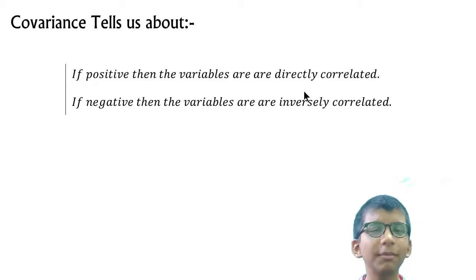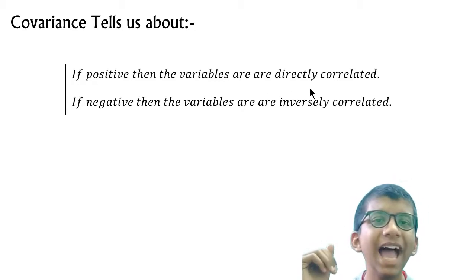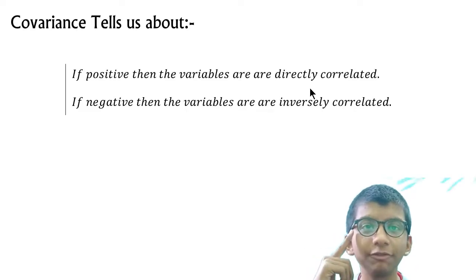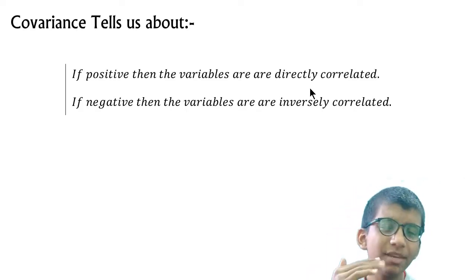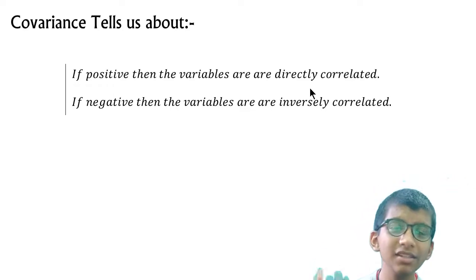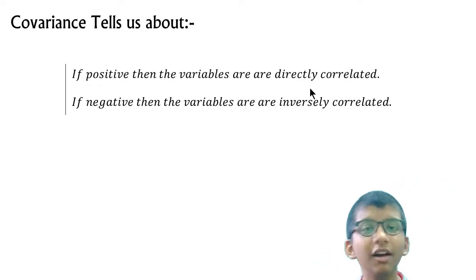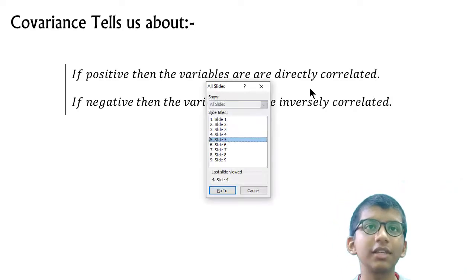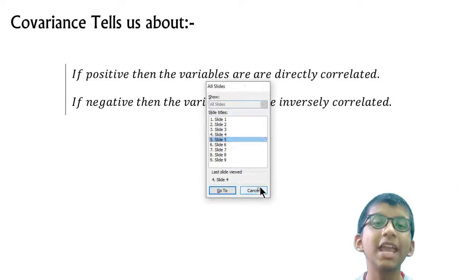I think you might be familiar with directly proportional and inversely proportional from your physics. What does it mean? In directly proportional, if one thing is increasing, then the other thing is also increasing.